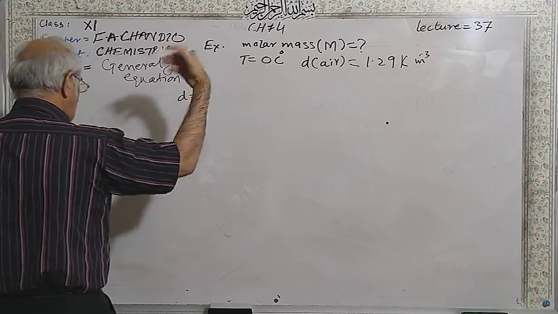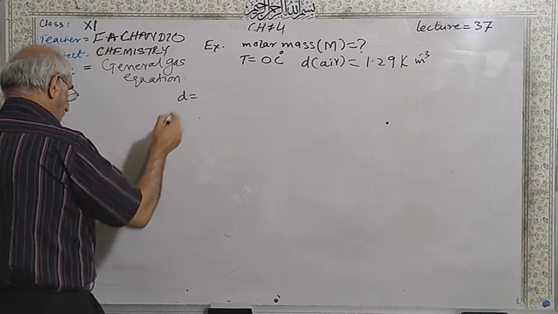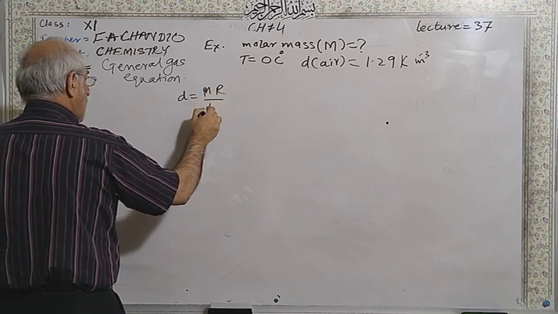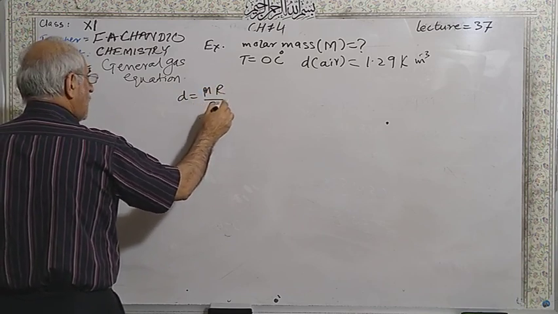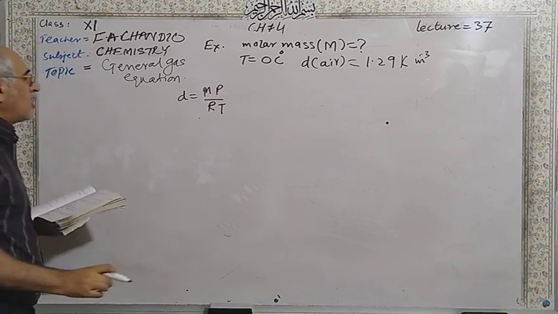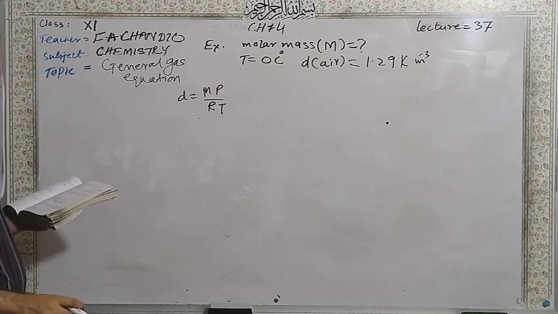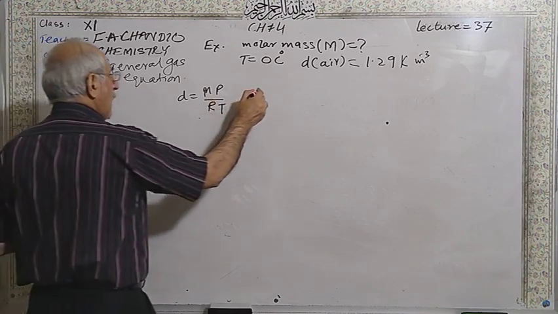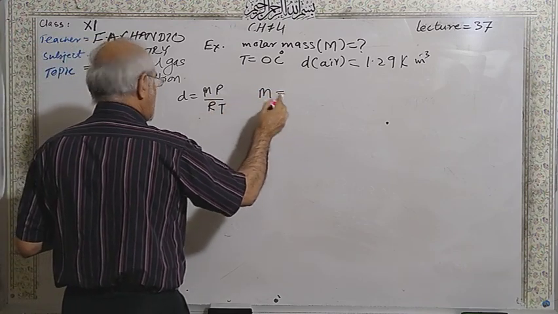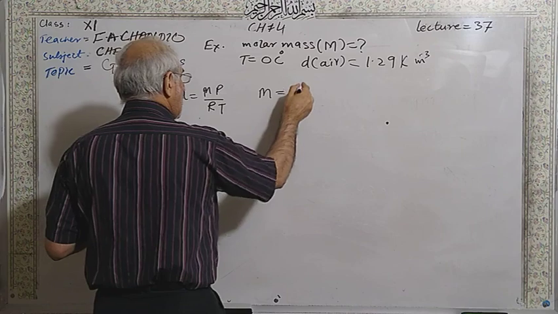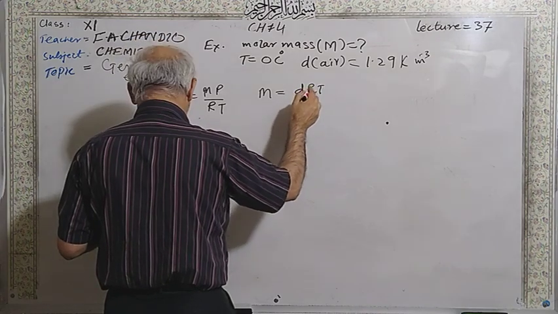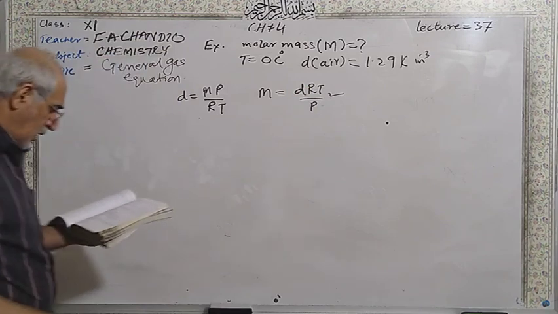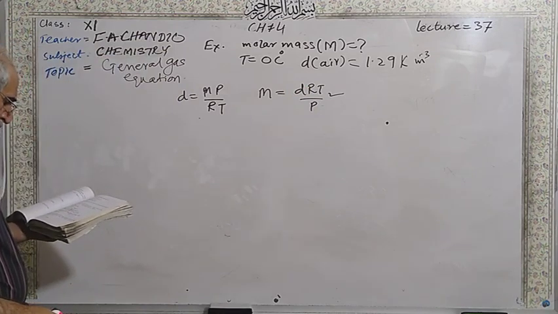The density, in the previous calculation, is MP over RT. This is the formula of density: molecular mass times pressure divided by R and T. If you want to calculate the average molar mass of the gas, it will be dRT divided by P. You have to use this formula.